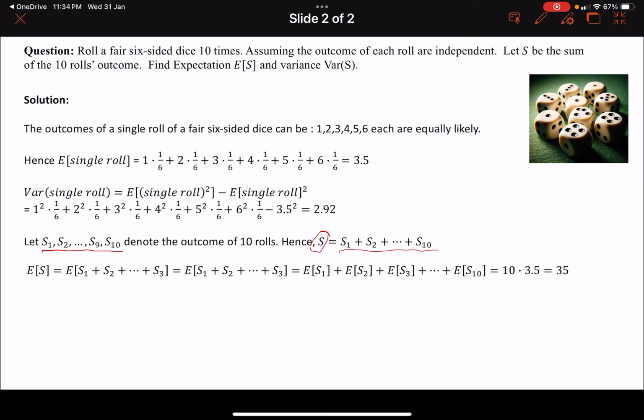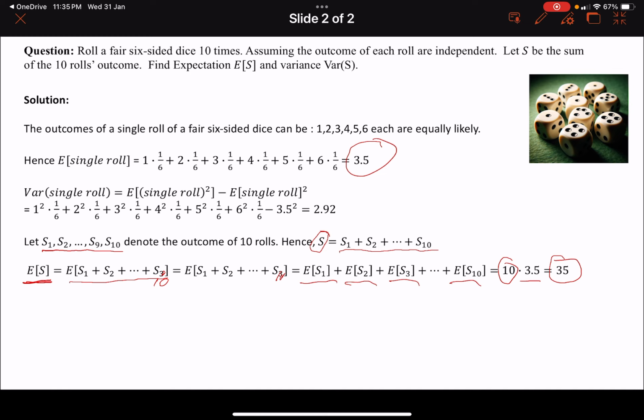Then we can use the linearity property of expectation. The expectation of X is the expectation of X1 plus X2 until X10, which breaks down into the expectation of X1 plus the expectation of X2 plus the expectation of X3 until X10. Basically, this is equal to 10 times 3.5, the expectation of each single roll. Then we get the expectation of X is 35.